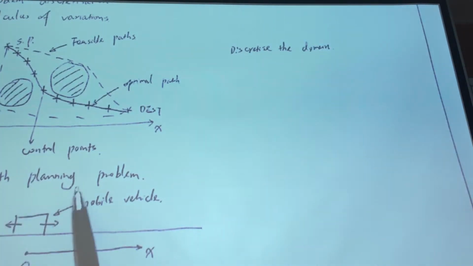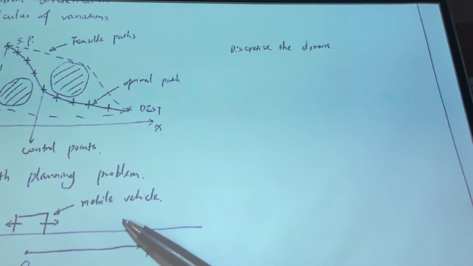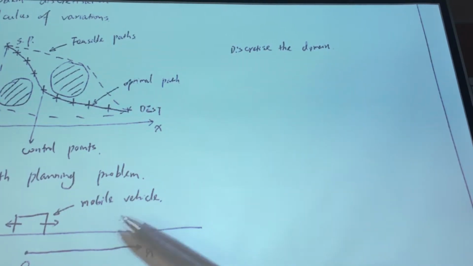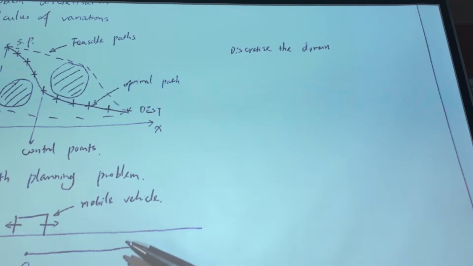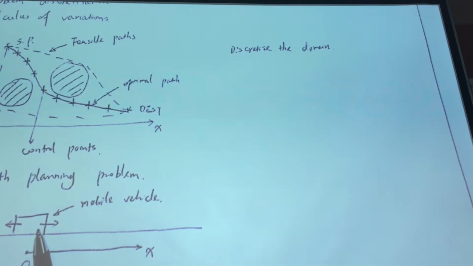For the path planning problem, the first step is to formulate the problem, or to define the simple dynamics of the vehicle.